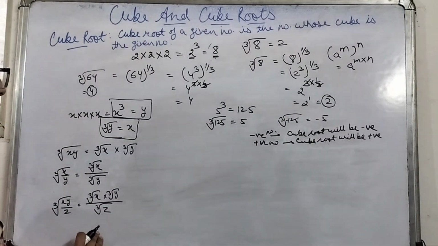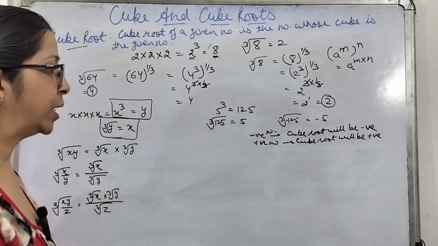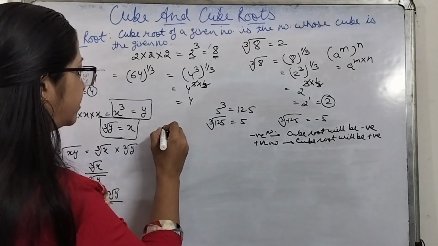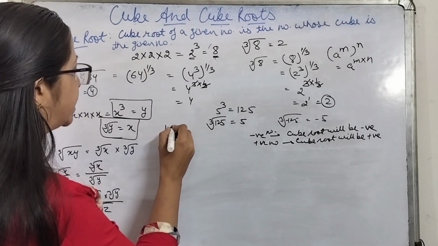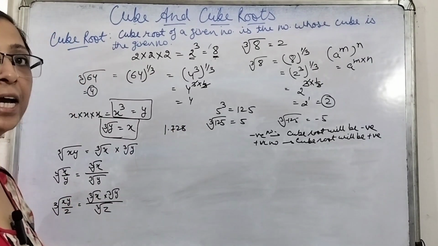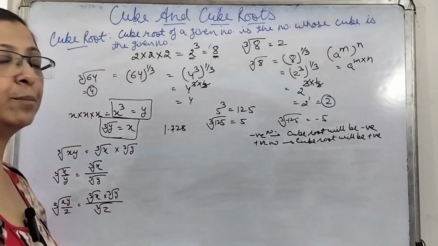Now if we have to find the cube root of a decimal number, say 1.728, we have to find the cube root of 1.728.